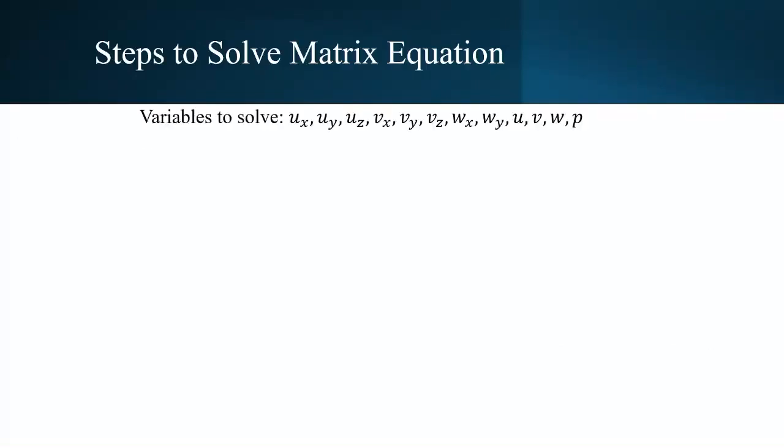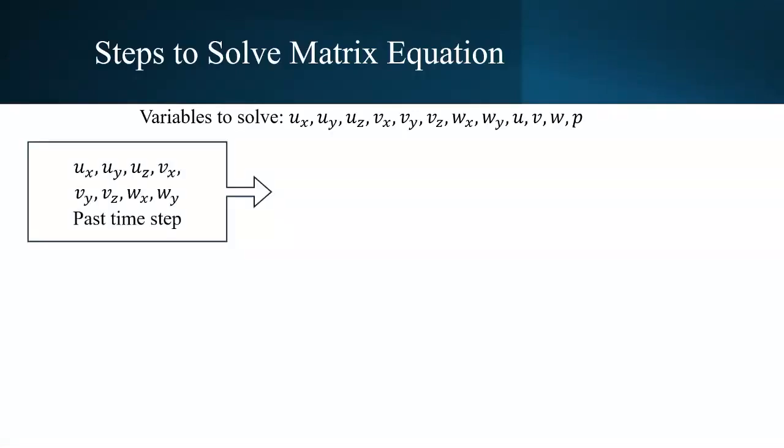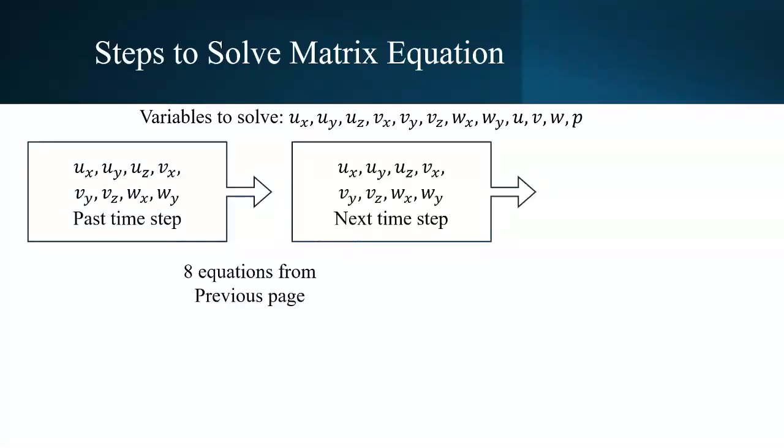So in total we have 12 variables to solve. 8 of them are the velocity gradient, and we also need to find u, v, and w for time marching, the convection term, and we also need to find the pressure P. So from these 8 time marching equations, we can get the 8 velocity gradients from the previous step to the next time step.